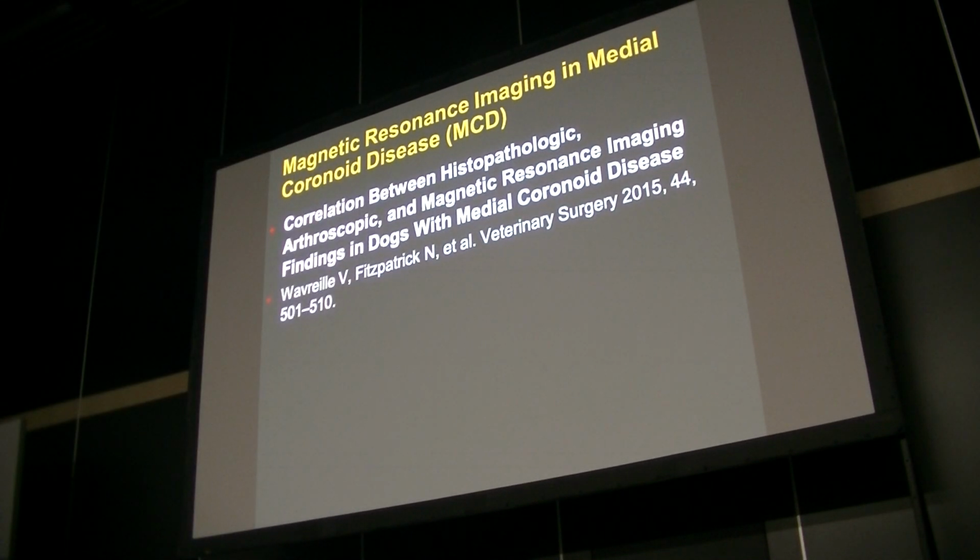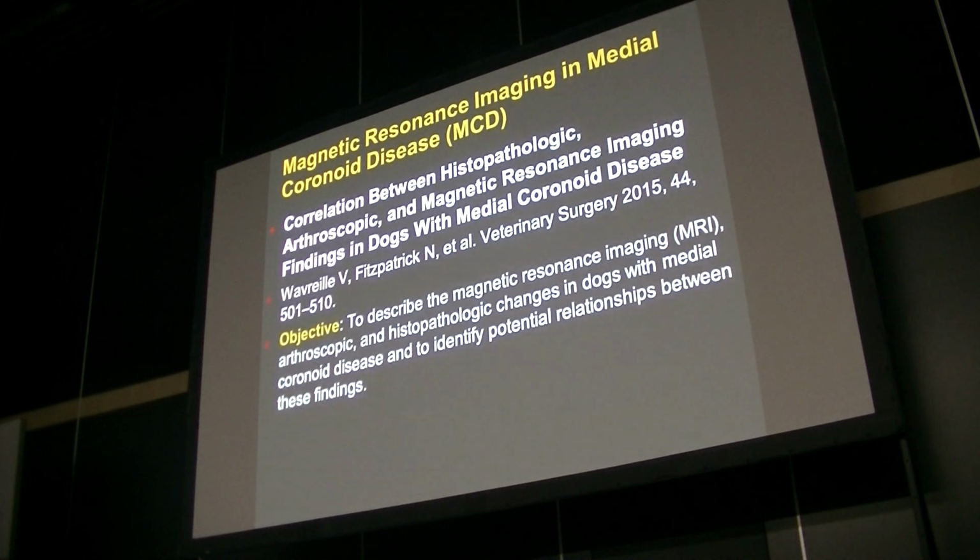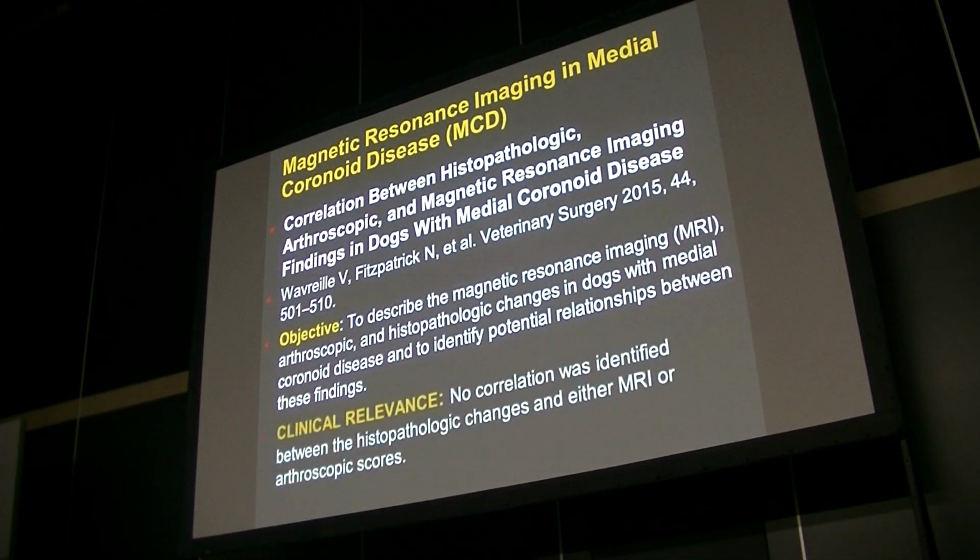Colleagues performed studies where they compared histopathology with arthroscopy and with the MR findings in elbow pathology, and the conclusion was that there was no correlation between histo changes and either MR or arthroscopic findings. So MR is still disappointing in diagnosing elbow dysplasia.